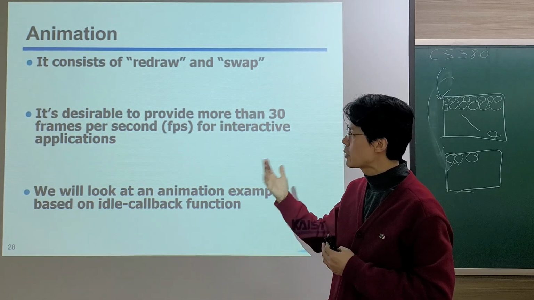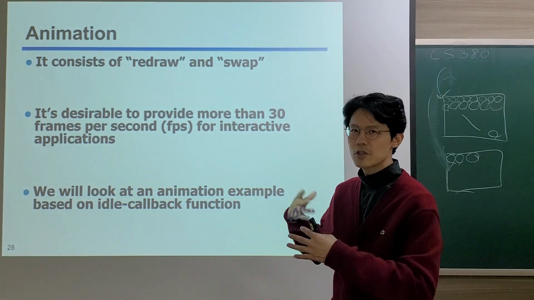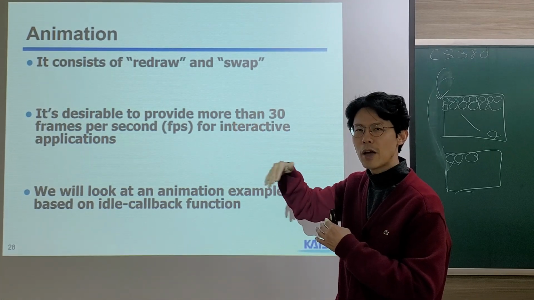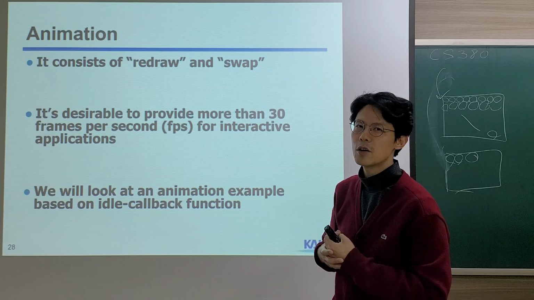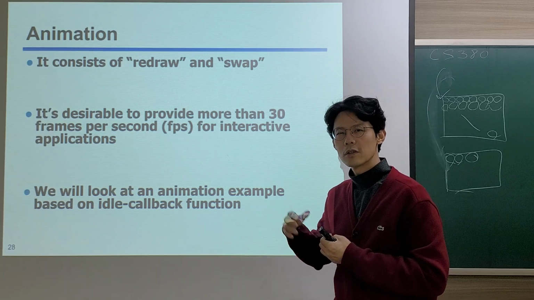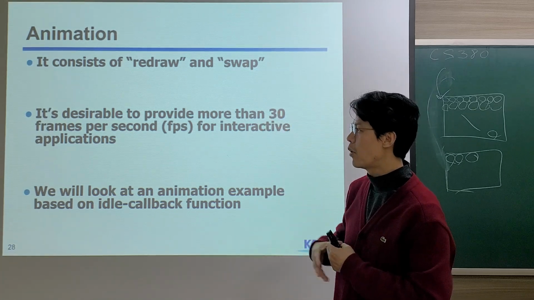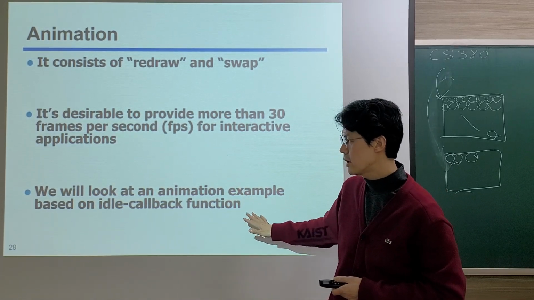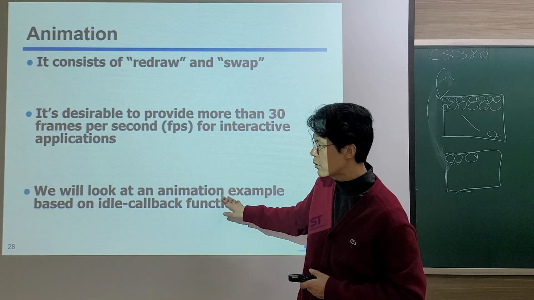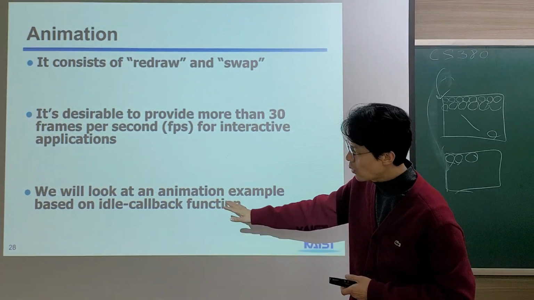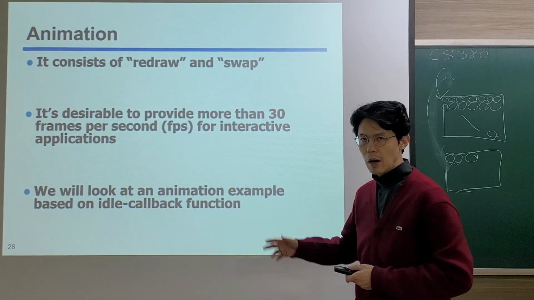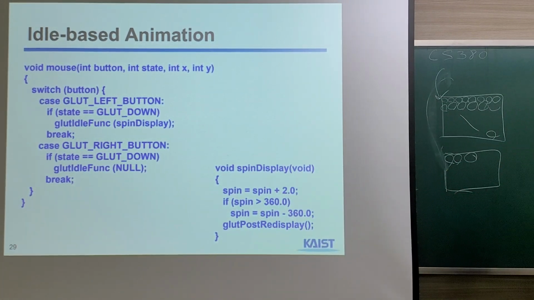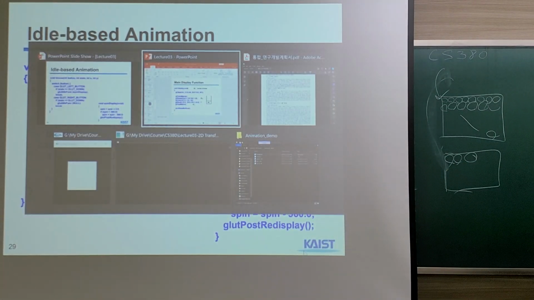Then obviously you need to provide faster operation to maintain a very high quality video and experience on the monitor, right? But here we are just using a very simple animation based on the idle callback function. Callback functions are a very common operation, and I will talk about it here. So let's get back to our example.